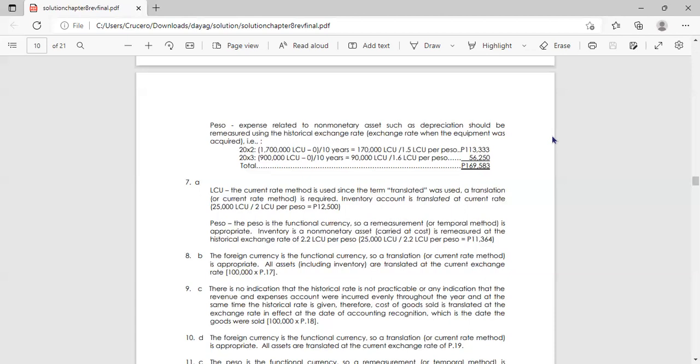Therefore, cost of goods sold is translated at the exchange rate in effect at the date of accounting recognition, which is the date the assets were sold. So we are now using the rate of 0.18. That's the exchange rate, since the question is asking for the cost of goods sold for December 31, 20x5. So number 9 is letter C.